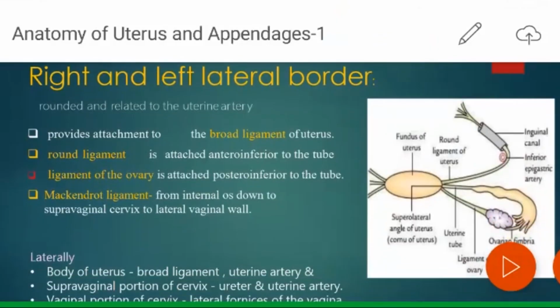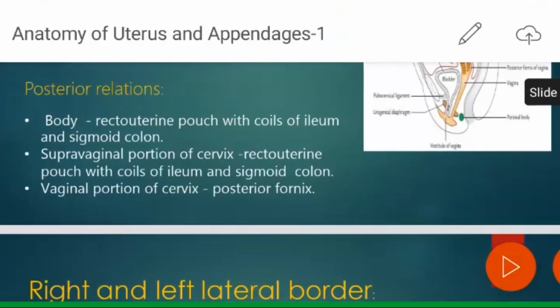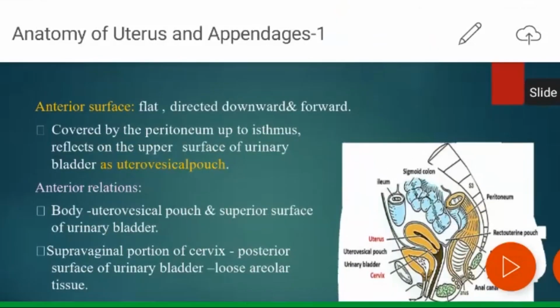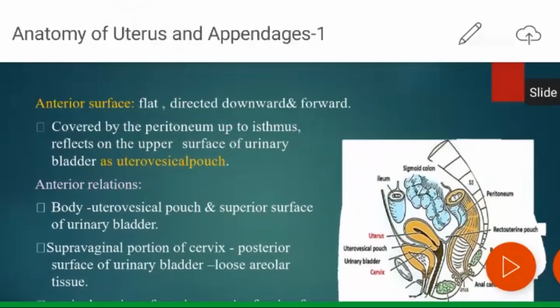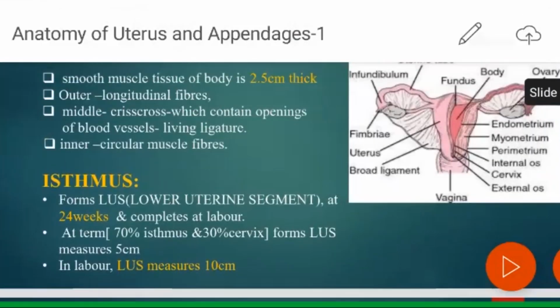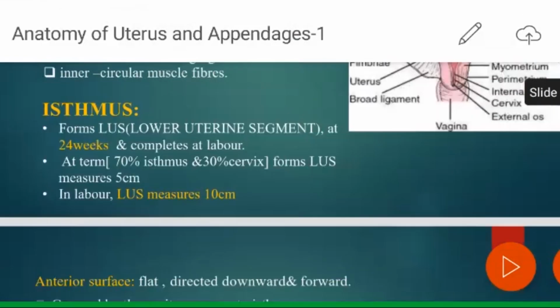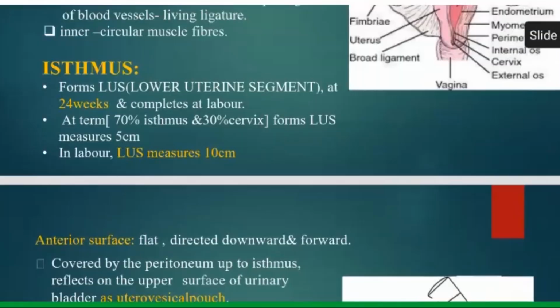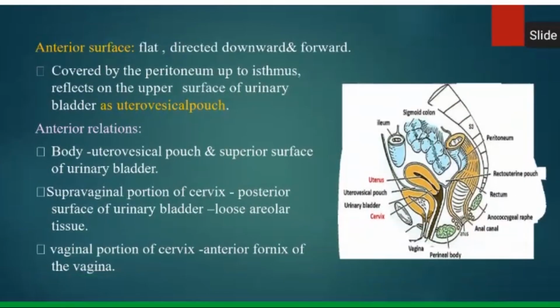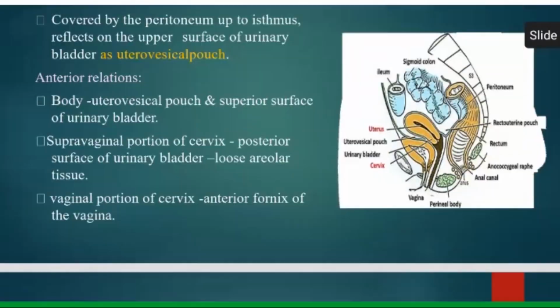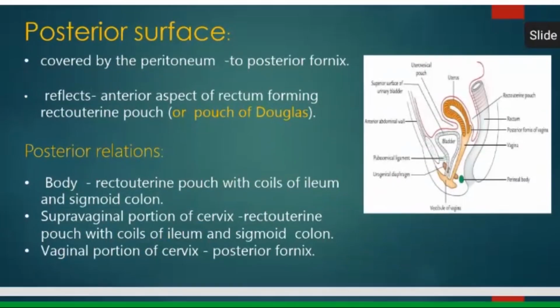In the right and left lateral borders, about the uterus and its border, we have discussed the body, anterior body, isthmus. After that, we discussed the anterior surface. It is related to the peritoneum, uterovesical pouch, and fornices.